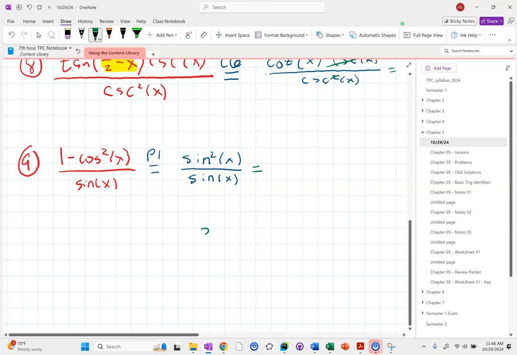Let's see if we think about it this way. What if we think about it as just like 3 squared over 3? What does that turn into? Doesn't turn into 1. What's 3 squared? 3 squared, divide by 3.